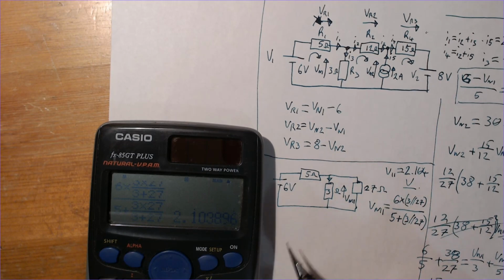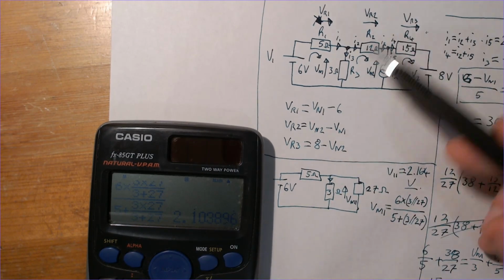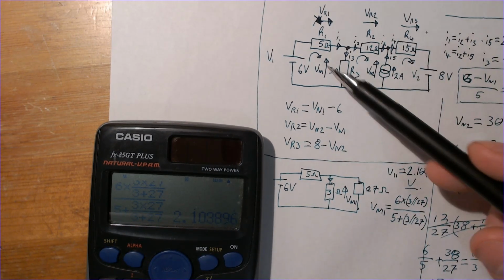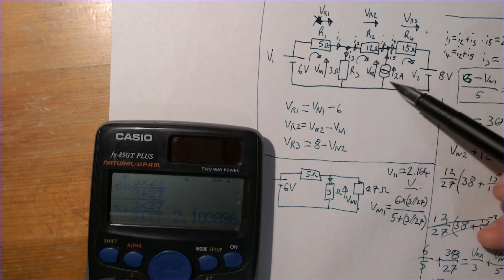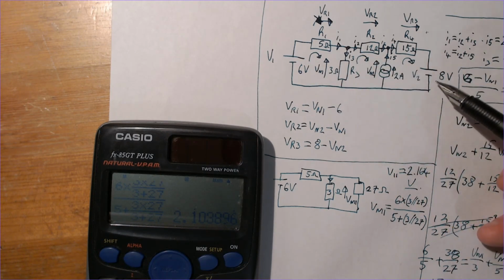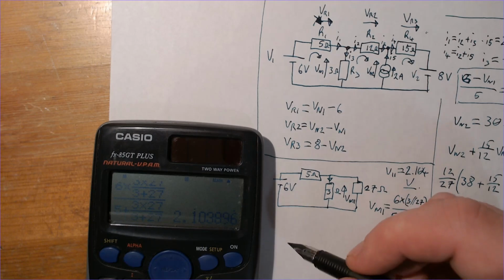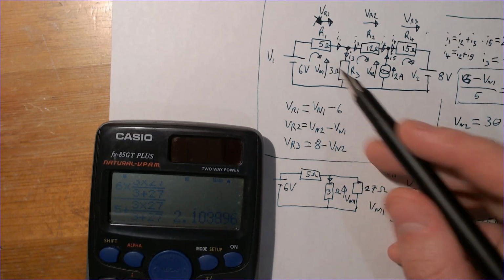And let's draw out the second circuit diagram we can make from this. Let's make V1 short, keep this, get rid of that. So then we have these two in parallel.